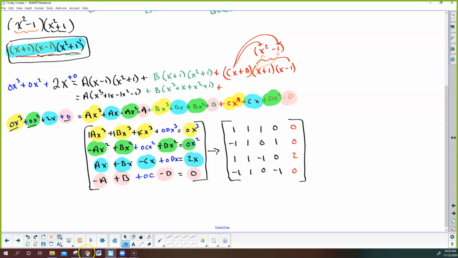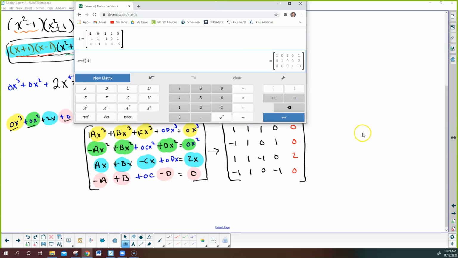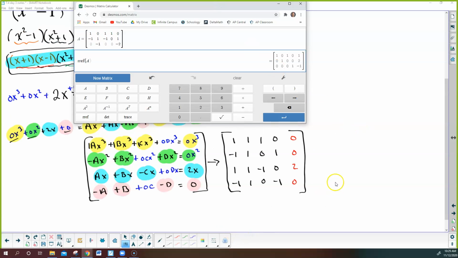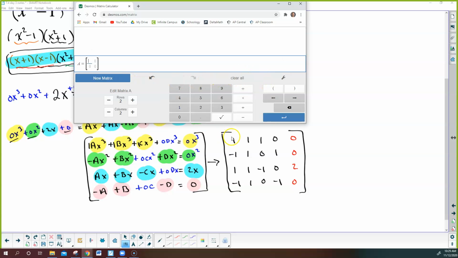And now let's just grab our handy dandy Desmos. New matrix. This time it's 4 rows by 5 columns.